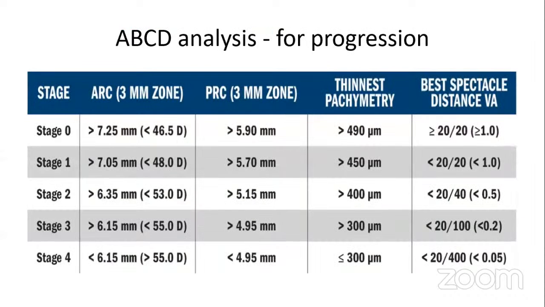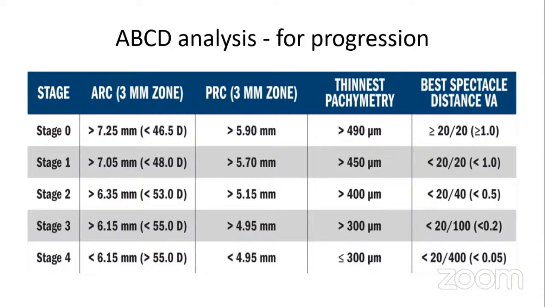So this is one of the famous analysis maps incorporated in the Pentacam, called the ABCD classification or ABCD progression display map. This map differs from another map incorporated in Pentacam called the BAD map, or Belin-Ambrosio enhanced ectasia display map.